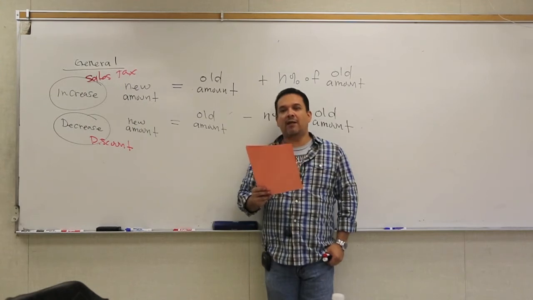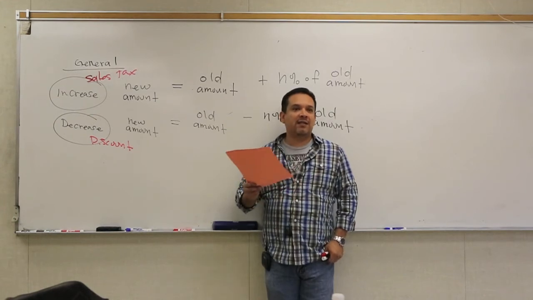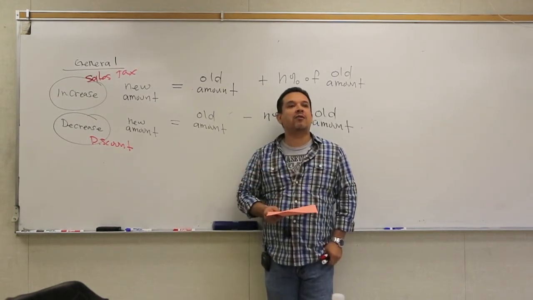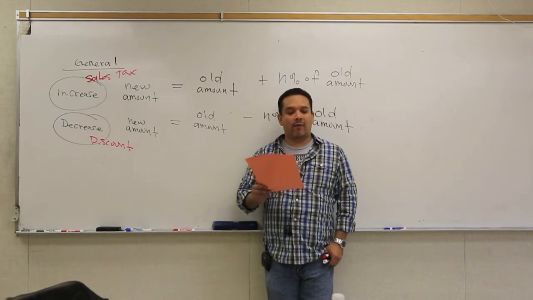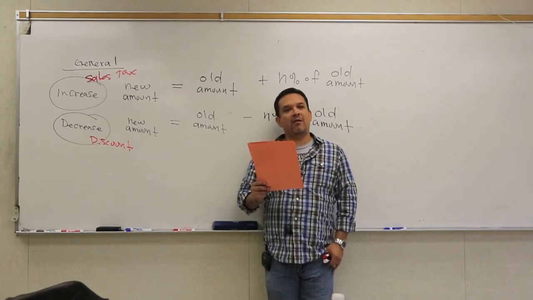Round to the nearest penny. So what we have to look at, notice that, is this a sales tax question at all? No. Not at all. Is it a discount question? No. Not at all. You guys see what I'm saying? It's not that at all. Which one is this? Is this an increase or a decrease scenario? Increase. How do you guys know that? Marked it up. Okay, good.